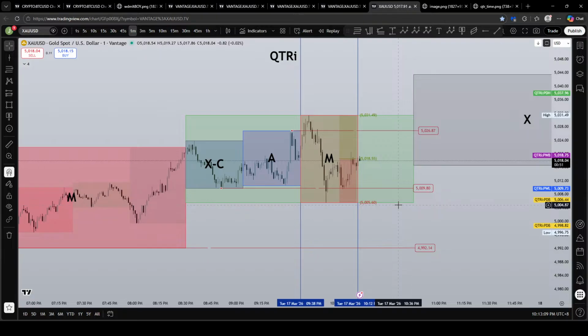That will be acceptable because the manipulation sweeps both the high and the low of that current quarter.